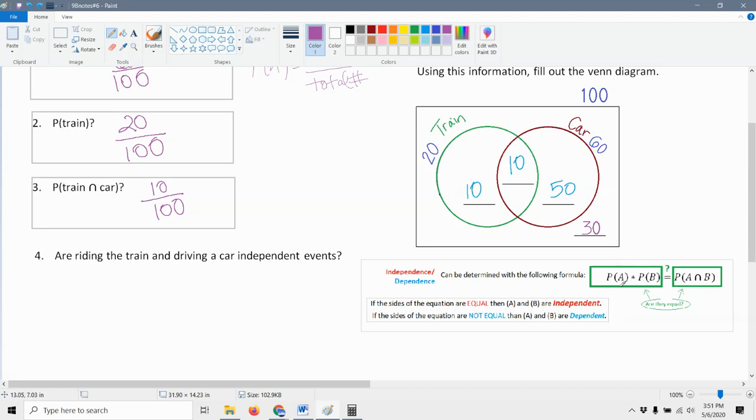We find the probability of the first event and then multiply it times the probability of the second event. Again, this is multiply. And then we ask that question: is it equal to the probability of A and B?